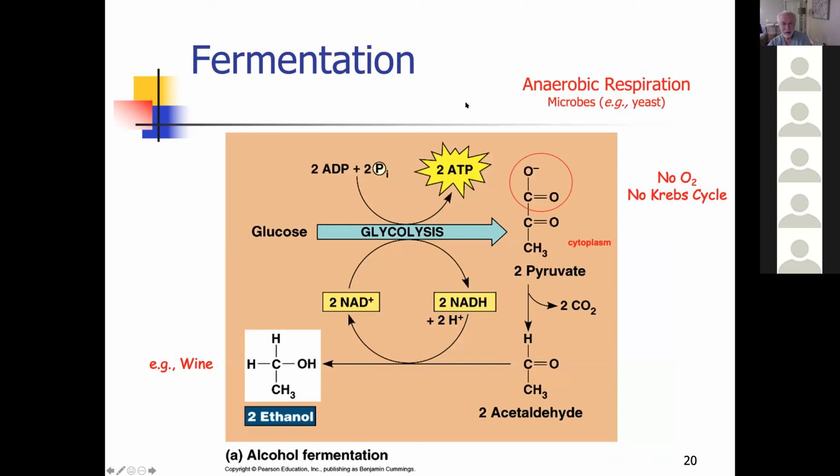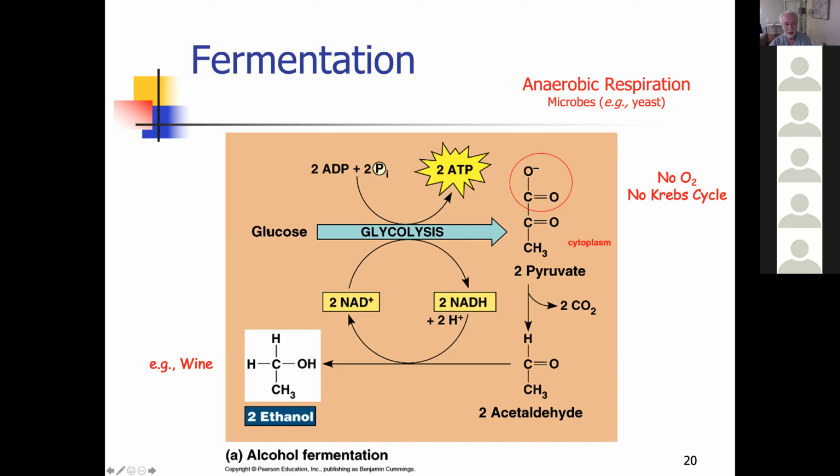So now let's talk about what happens in the absence of oxygen. Anaerobic respiration. And first, we'll talk about what happens in a microbe, for example, a yeast. So we start with glucose, and glycolysis gives us, from one glucose, 2 molecules of pyruvate.